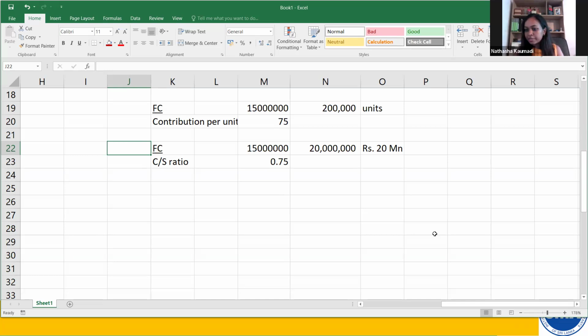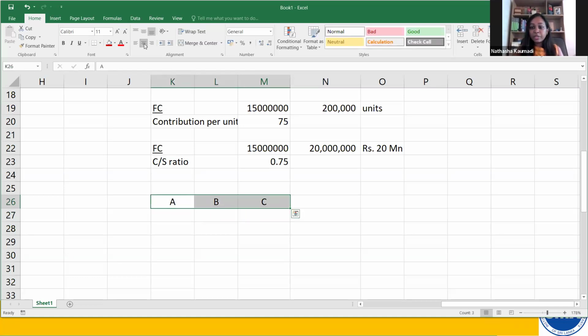This formula you can straightforwardly use for a single product company. Let's say you have 3 products. In that case, in order to apply these concepts in a multi-product company, you need to know the sales mix. I'm not explaining the whole concept. I don't have time for that. But I will definitely share the chapter with you. Then it would be easy.